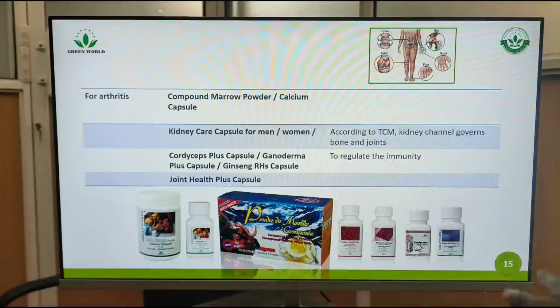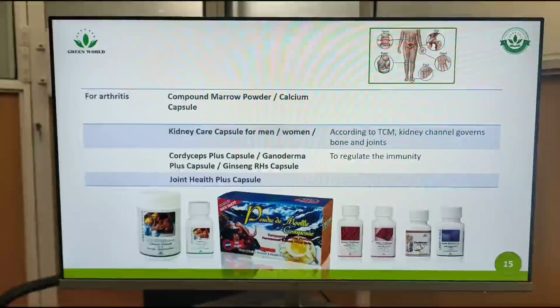People having joint pain, joint health. The reason we add joint health is because it is good for people with arthritis, be it osteoarthritis or rheumatoid arthritis. So this is the second category of the bone problems, that is osteoarthritis and rheumatoid arthritis.